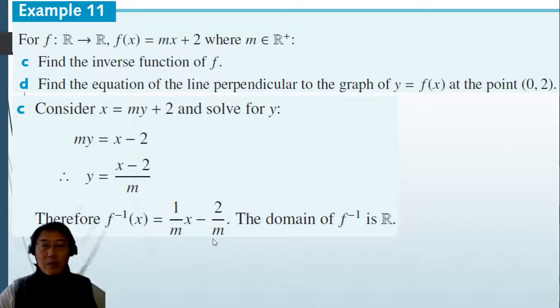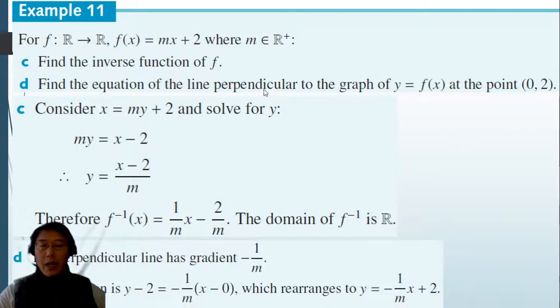So, find the equation of a line perpendicular to the graph of y equals f of x at the point (0, 2). For the line to be perpendicular, looking at the original gradient of the function, which is m, the product of the gradients of two perpendicular lines is equal to -1, so the perpendicular line must have a gradient of -1 over m.